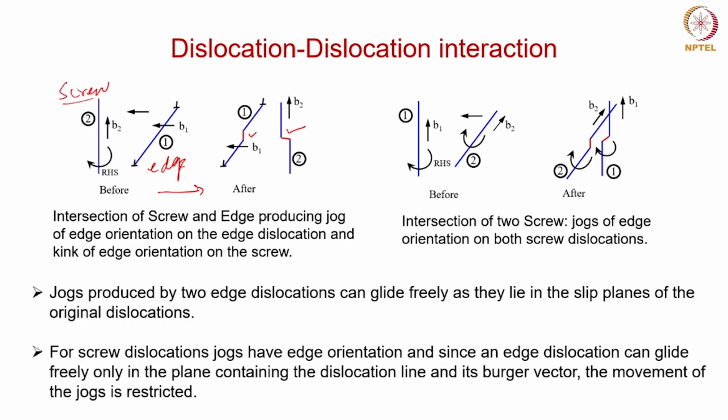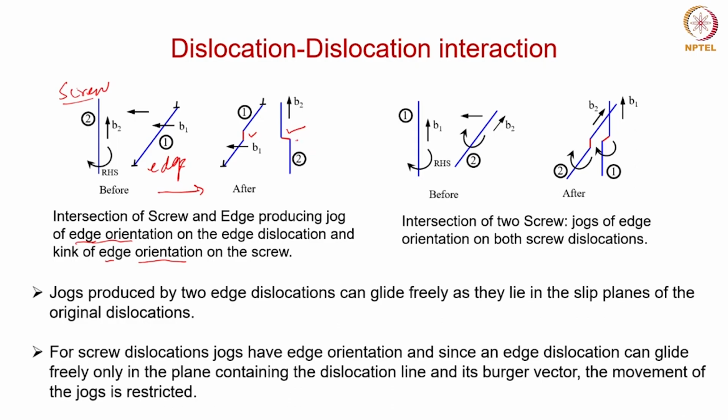Okay, so the step which is created on the edge dislocation is of edge orientation, because you could see this is still perpendicular to the Burgers vector, right? So that is why this is of edge orientation, right? On the other hand, the kink which is generated on the screw dislocation is also of edge orientation.